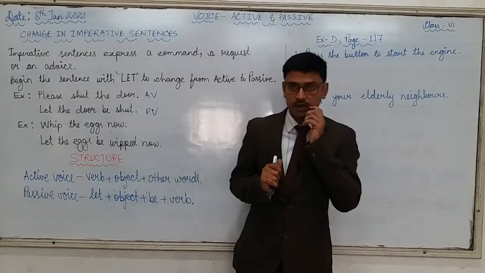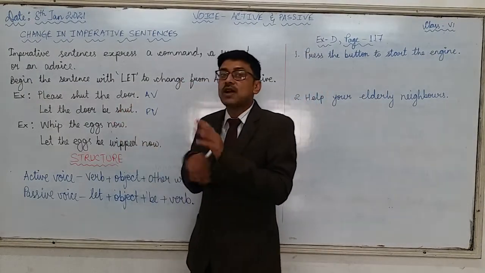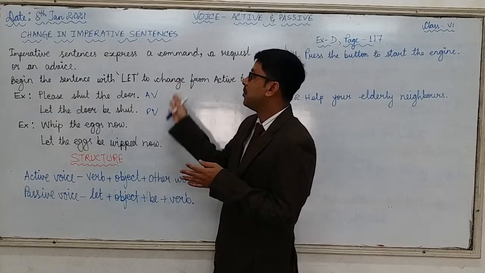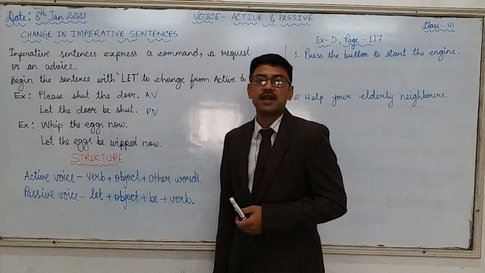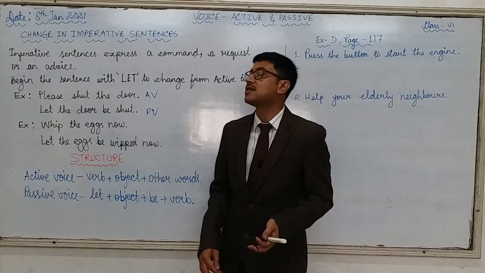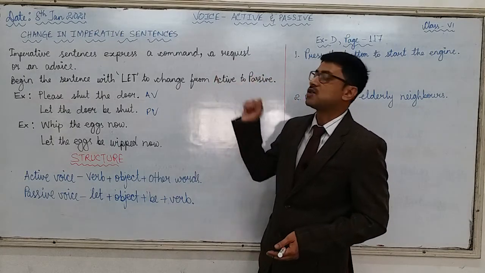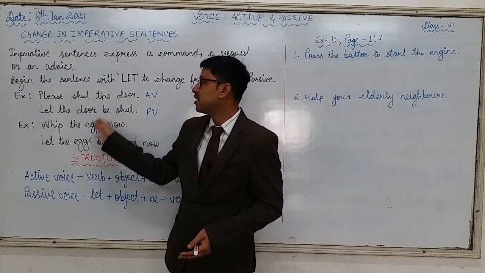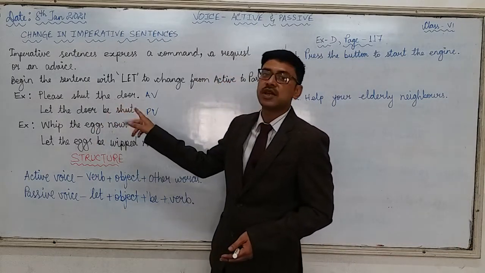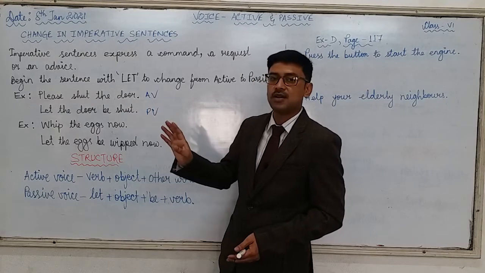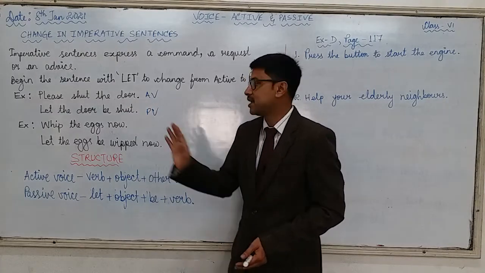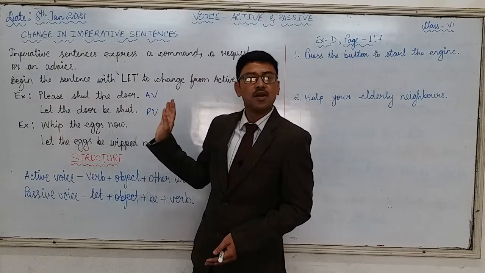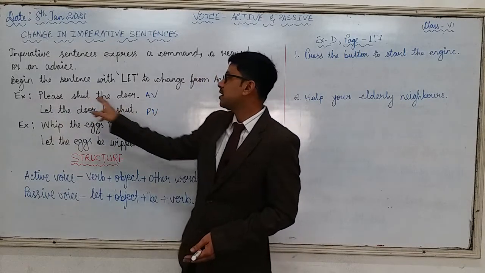Something that you will like is that we do not have to take care of the tenses as such in imperative sentences. The moment you have identified it to be an imperative sentence, that means a command, a request or an advice, we do not have to change the tense. Previously I told you we have to check the tenses, but here it is not necessary. Let the door be shut, shut is shut.